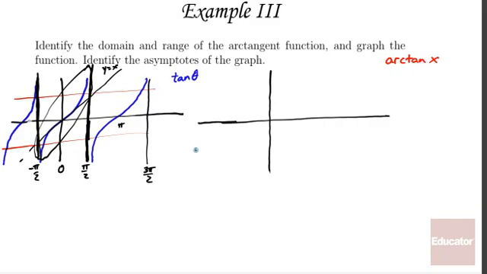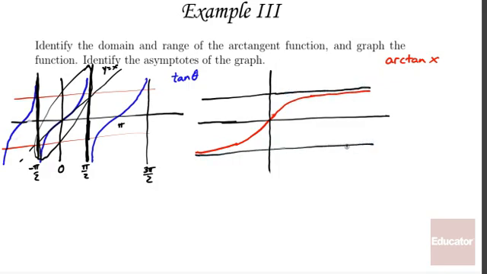So I'm going to flip around just that one main branch of the tangent function. And so since the tangent function had vertical asymptotes, the arctangent function is going to have horizontal asymptotes at negative pi over 2 and pi over 2. So those are my asymptotes right there at negative pi over 2 and pi over 2.